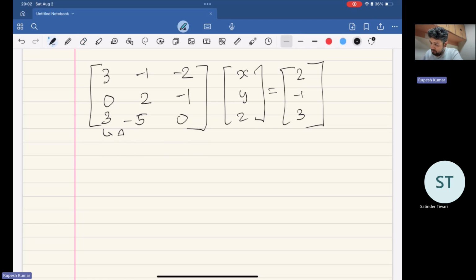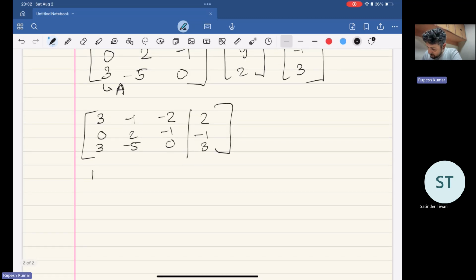Let me put in the augmented form. So you get 3 minus 1 minus 2, 0, 2 minus 1, 3 minus 5, and then here you get 2 minus 1, 3, right? Now you say R3, replace it with R3 minus R1.